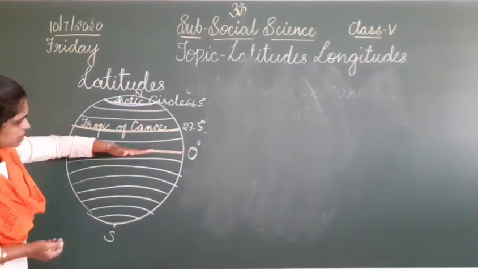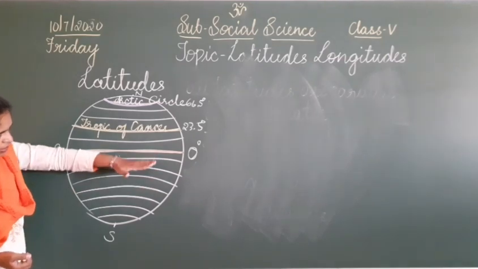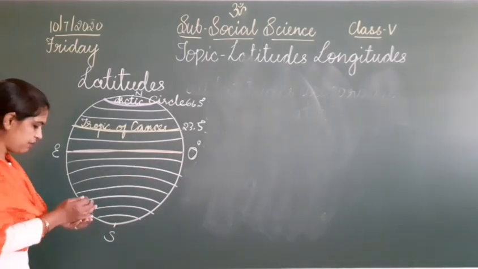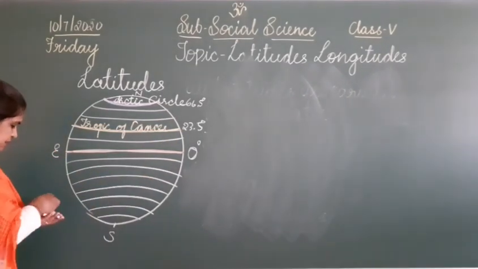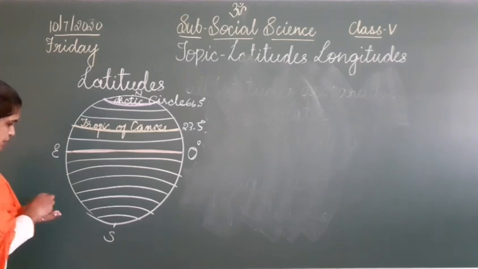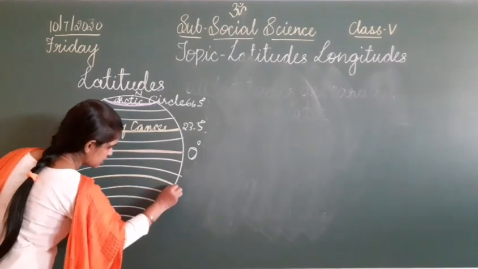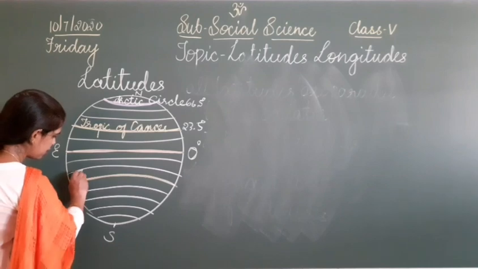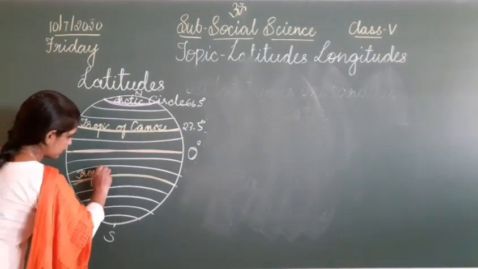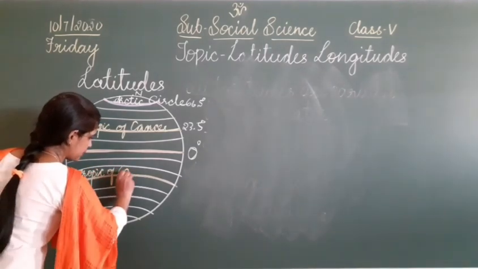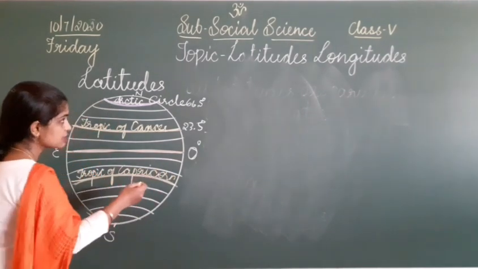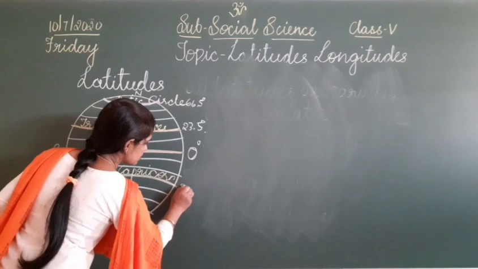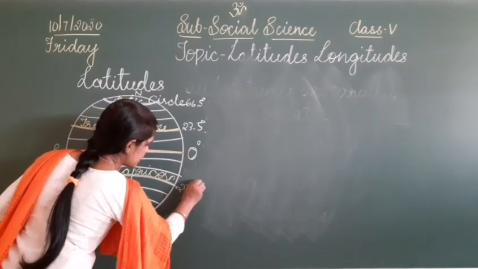Coming towards the south, from the equator towards the South Pole, at the same values we have two more lines of latitudes, that is the Tropic of Capricorn. That also is at 23.5 degrees.